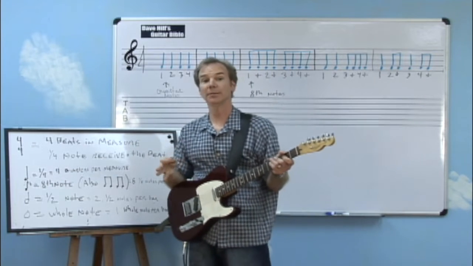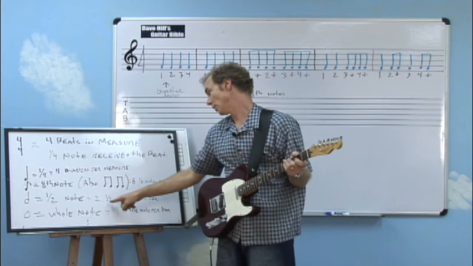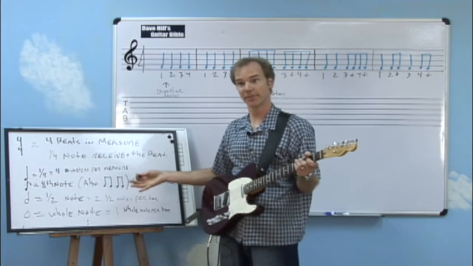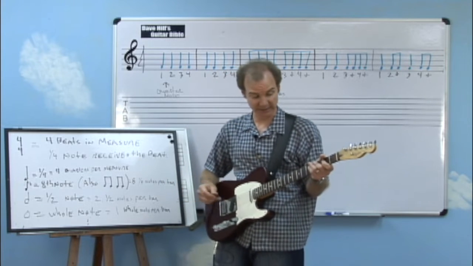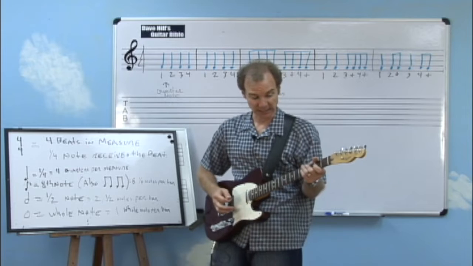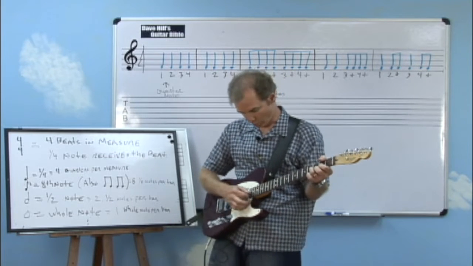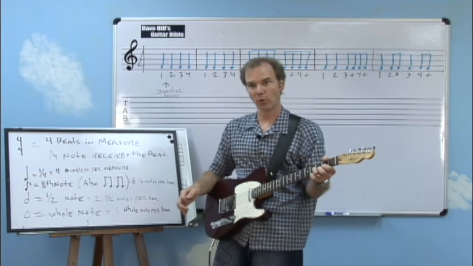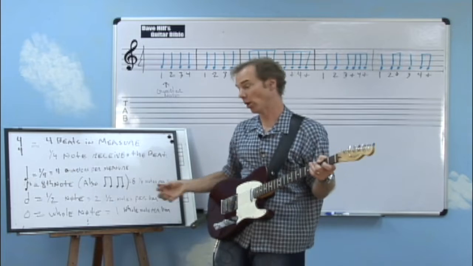Okay, now that takes up literally 2 beats, or 2 half notes per bar, half the bar. So half notes against my quarter note pulse would simply sound like this. I'm going to play a chord to represent that. 3, 4, 1, 2, 3, 4, 1, 2, 3, 4. 2 of them per bar, or 1 equals half the bar.